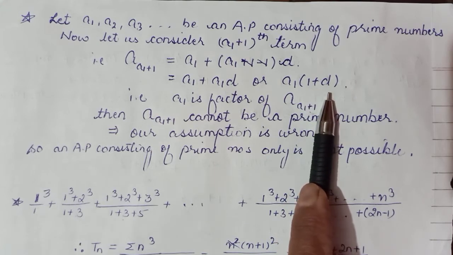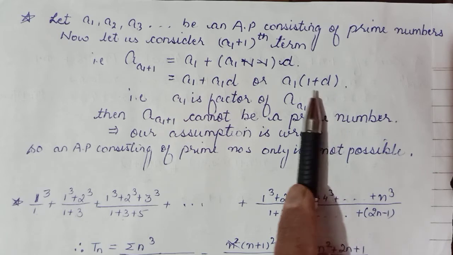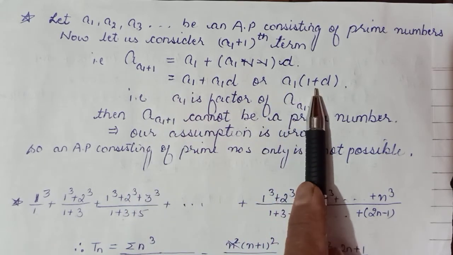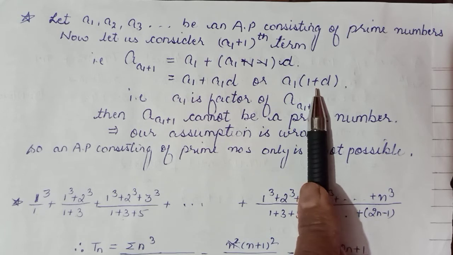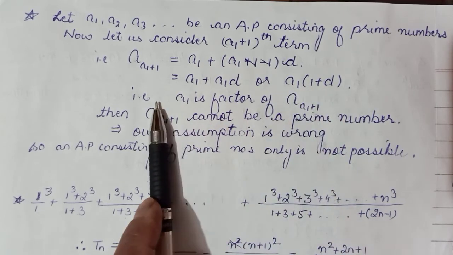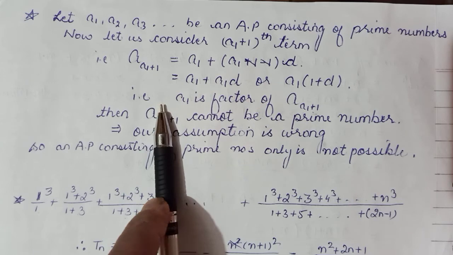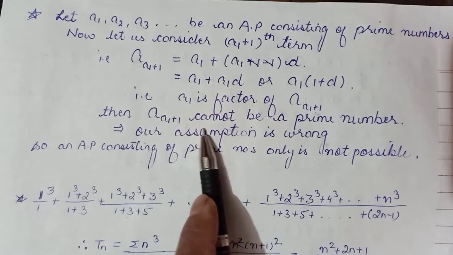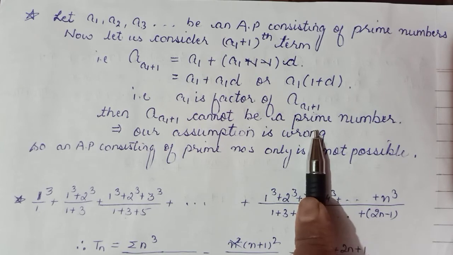Okay, or whatever number. So in short we can say we have got this particular term as a non-prime number, because prime numbers have 1 and the number itself only as the factor, जबकि इस नंबर के हमने factors दिखा दिए, इसके 2 factors आ गए हैं. All right, so this number cannot be a prime number. So that is, we would say, since we have got A1 as factor of this term, it cannot be said as a prime number.